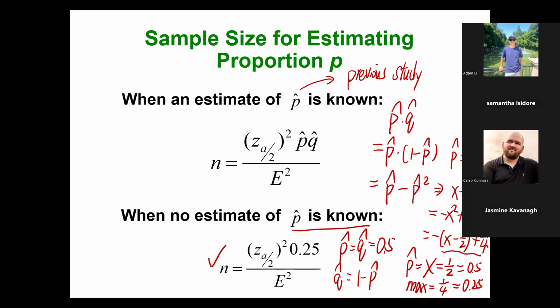This is how you analyze this and figure out that when p hat is 0.5, we're guaranteed to have a larger sample size, right? And the larger the sample size, the better it is. It always guarantees a better result.